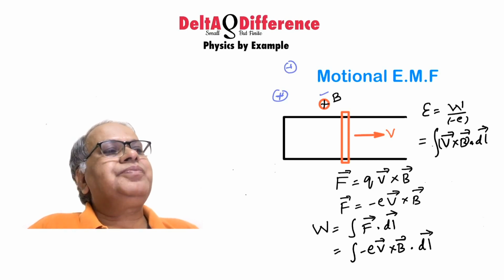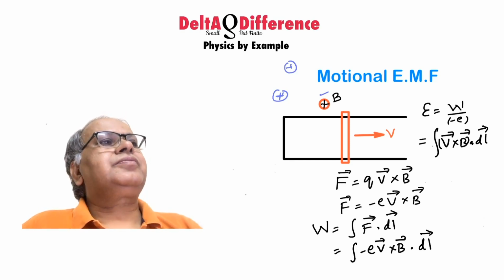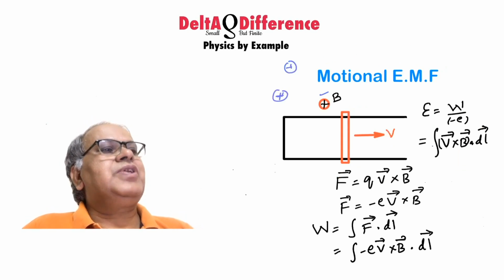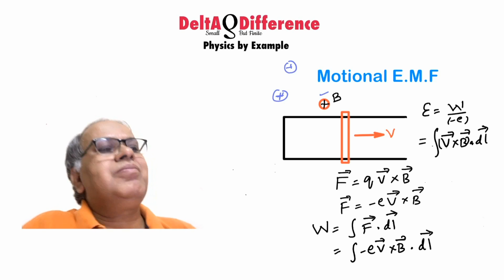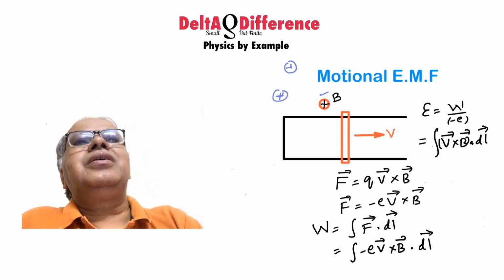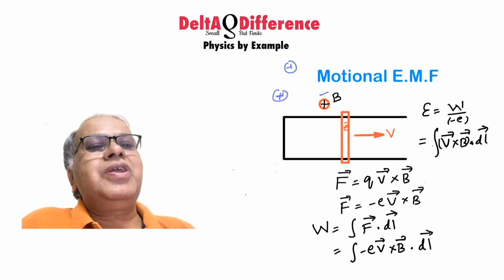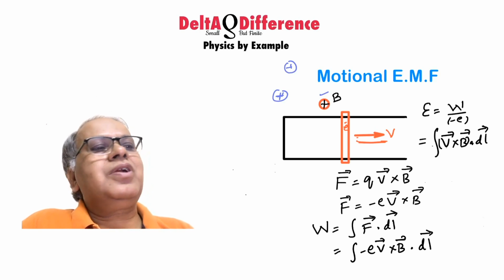Here we can explain it in terms of the force applied by the magnetic field only. As the rod is moving like that, we have one electron here. We'll consider one electron here that experiences force, because the rod is in motion, the electron is also in motion along with the rod.